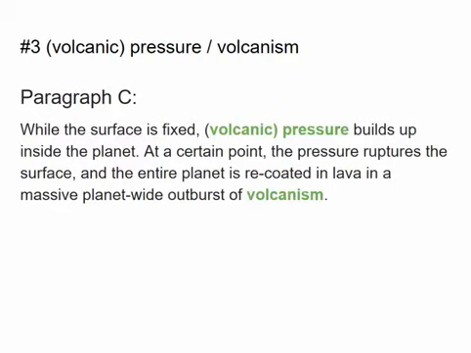At a certain point, the pressure ruptures the surface and the entire planet is recoated in lava in a massive planet-wide outburst of volcanism. Okay, so the best answer for this one, volcanic pressure or just pressure, would be a great answer. That's what builds up inside the planet.